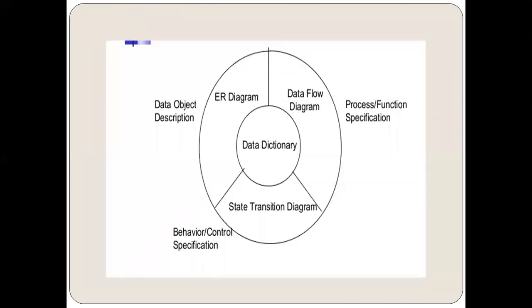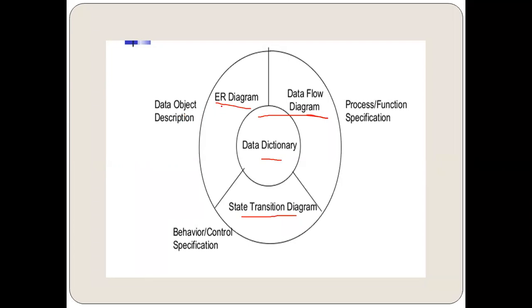Now this is important, and we have many types of diagrams which are going to be used in this particular information modeling, such as ER diagrams. We are going to study DFDs, data flow diagram. ER diagram is entity relationship diagram, then state transition diagram, data dictionary, decision table, etc.